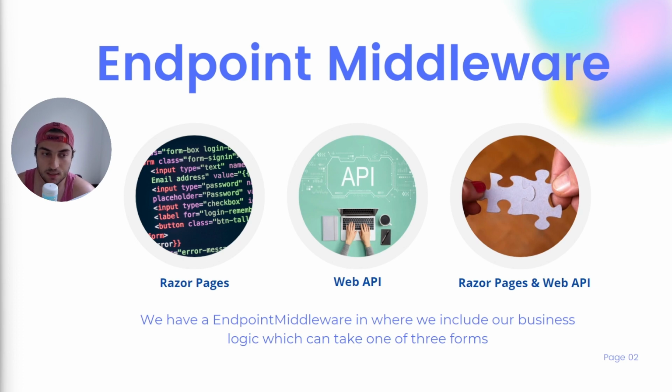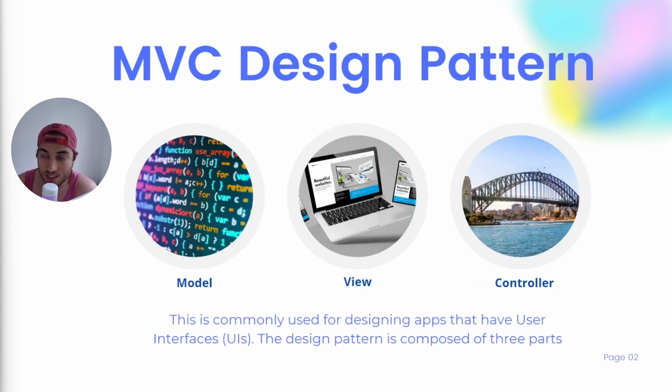So as I explained before, basically Razor Pages is built upon a very popular design pattern, which is called MVC. And as you can see in the definition, it is commonly used for designing apps that have user interfaces or UIs, but this is not exclusive. We can also use this pattern for building web APIs that do not have a view, and we're going to be seeing that later on.